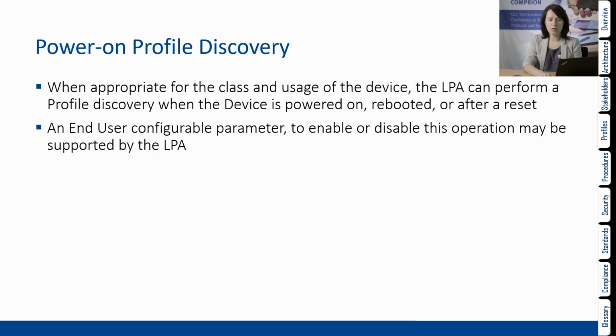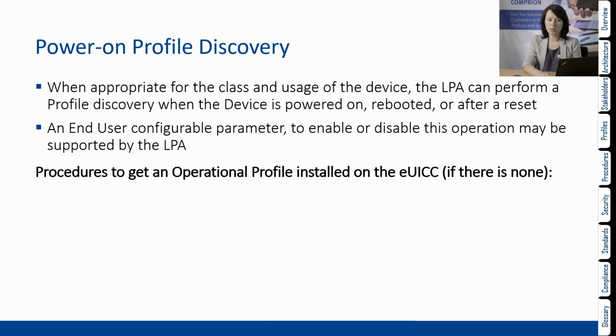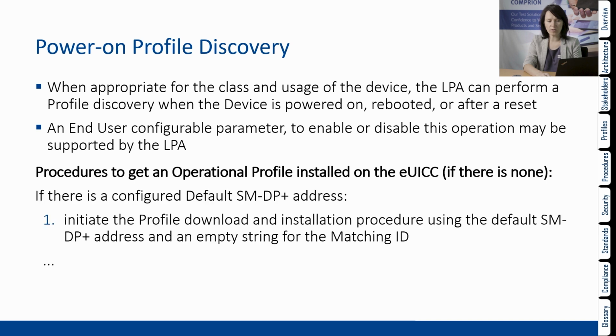An end-user configurable parameter to enable or disable this operation may be supported by the LPA. It can also depend on the device implementation. And there are some procedures to get an operational profile installed on the EUICC if there is no profile on it. So if there is a configured default SM-DP+ address, then it has to initiate the profile download installation procedure using the default SM-DP+ address and an empty string for the matching ID.